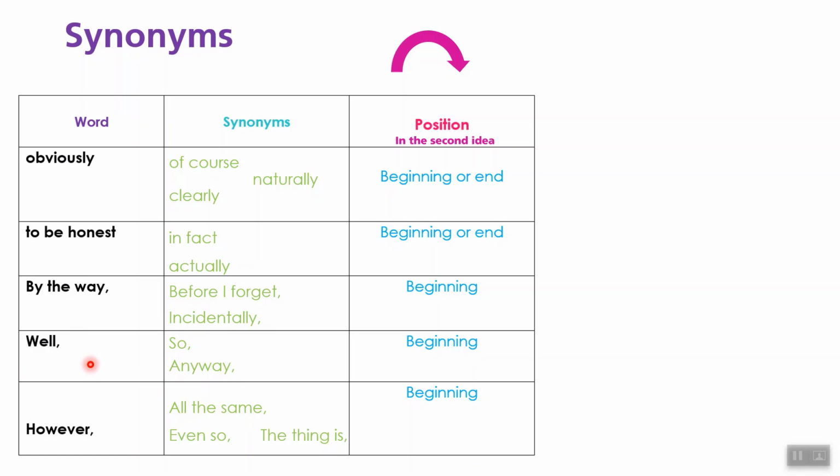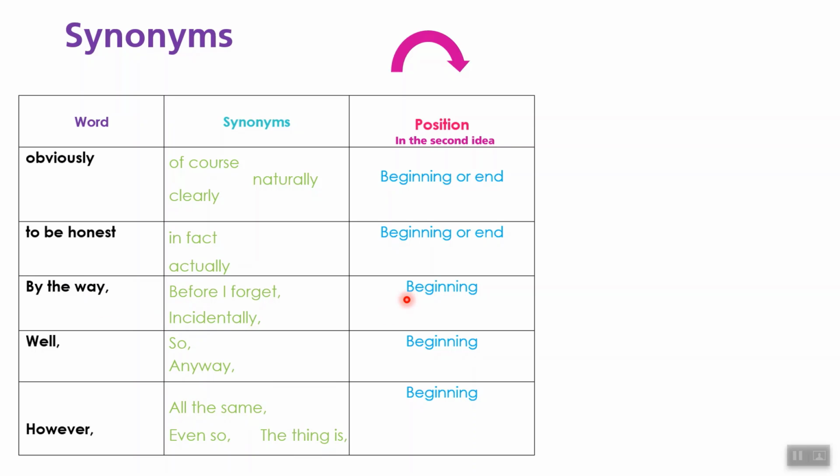These are synonyms in this example. Then, however, remember, guys, however is sin embargo. All the same, even so, and the thing is, well, these are synonyms. All the same and even so is similar to sin embargo, and the thing is, como el punto es, el problema es. So in this case, guys, you can see that these expressions go always at the beginning.